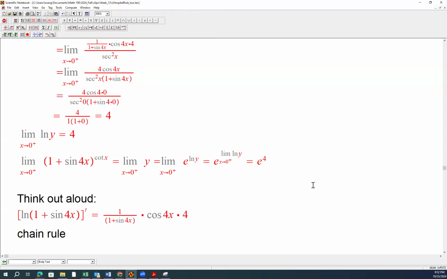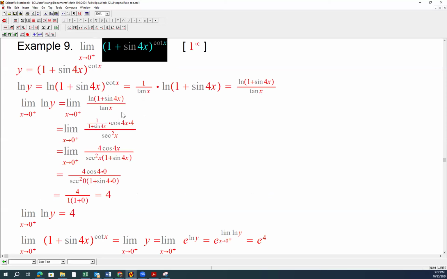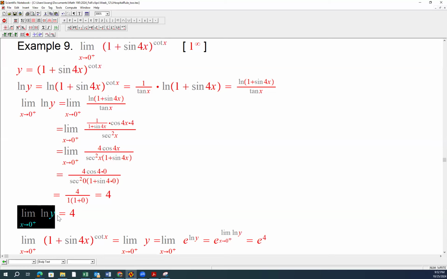We assume y equals the whole expression without taking the limit, and then we take ln y, and then we take the limit of ln y. And it turned out we can use L'Hopital rule. So after using L'Hopital rule, we found the limit of ln y as x approaches 0.